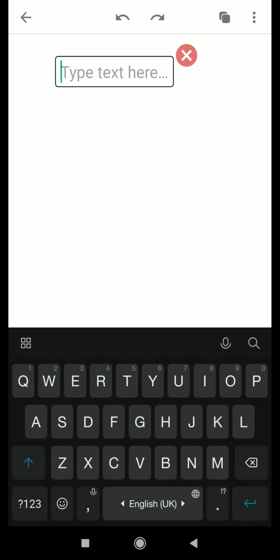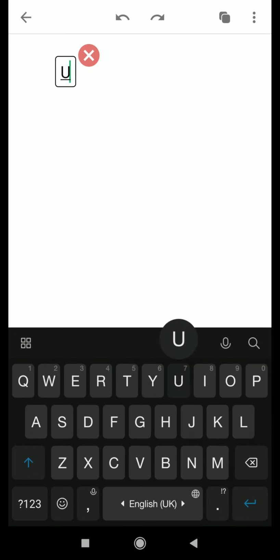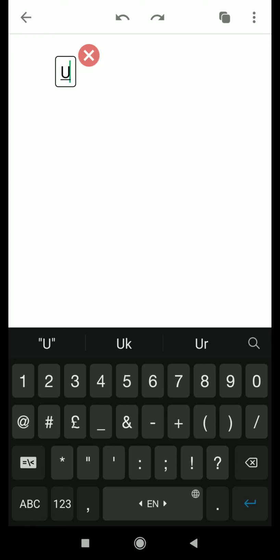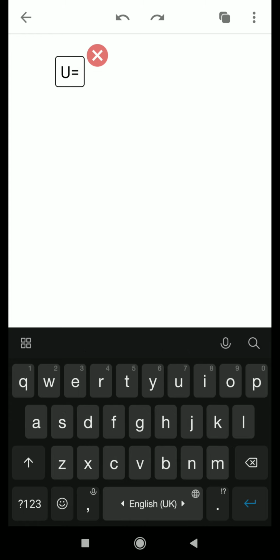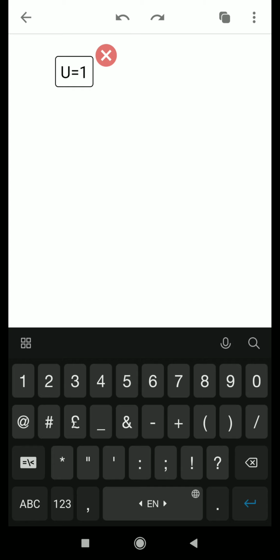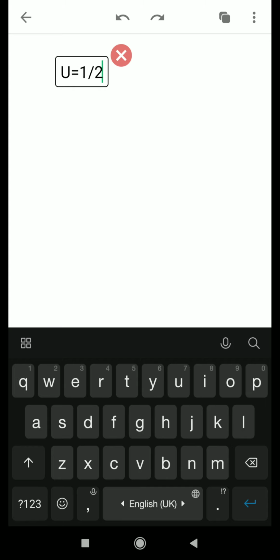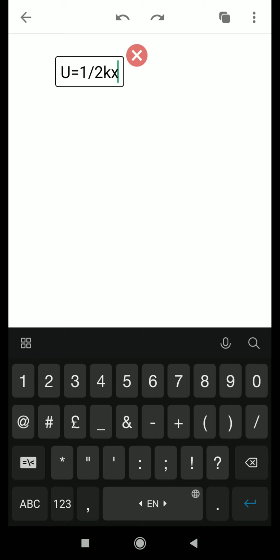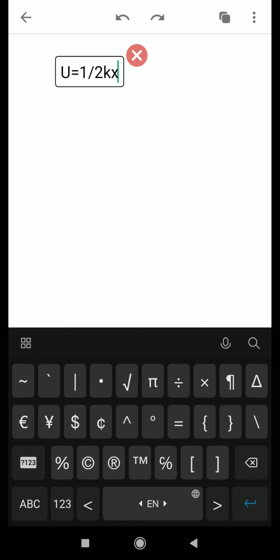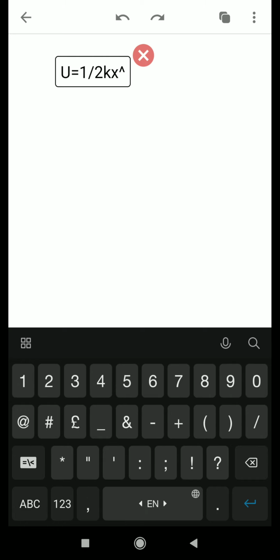Suppose the equation is given that U equal to half kx square. So the equation is given U equal to half kx square.